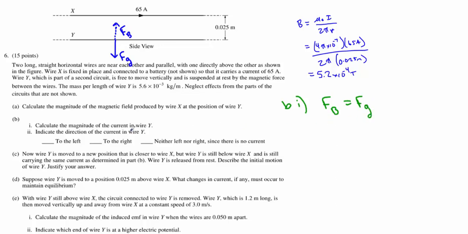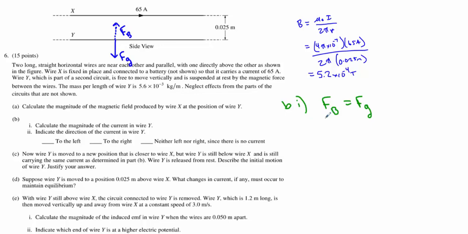We want to know the current magnitude of wire Y. Now, that wire, based on its current being exposed to the magnetic field, must equal the weight.